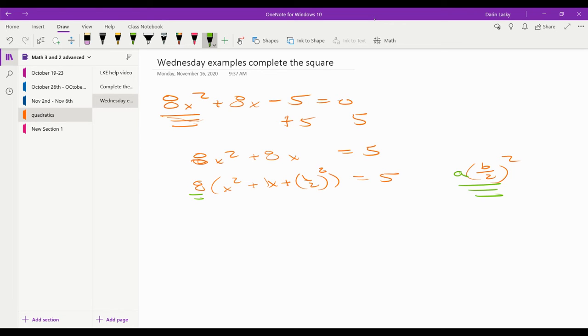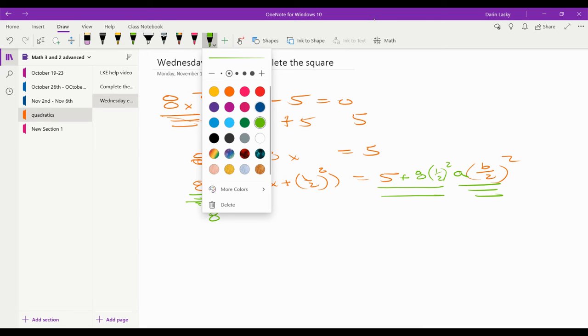So what we're going to add to this side is 8 for a times 1/2 squared. Okay, so that is our new idea right here, is tackling this if you're picking complete the square. So let's clean all this stuff up right now. So I've got an 8 right here. That's my 8 here, and let's go ahead and change colors.